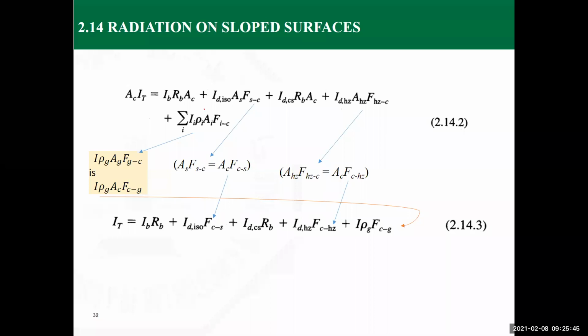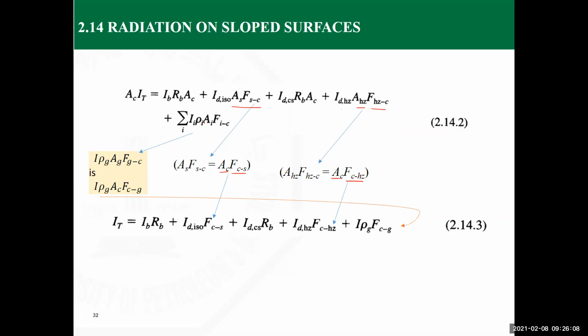Number one, we are considering the reciprocity. Basically, A sky F sky to the collector is going to be replaced by A collector F collector to sky. A horizontal F horizontal surfaces to collector is going to be replaced by A collector F collector to the horizontal surface.